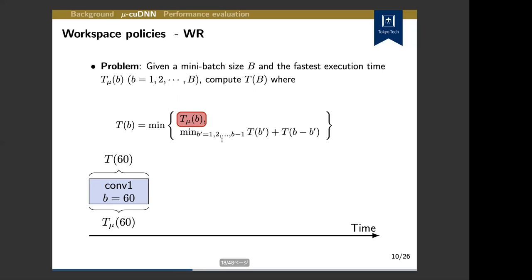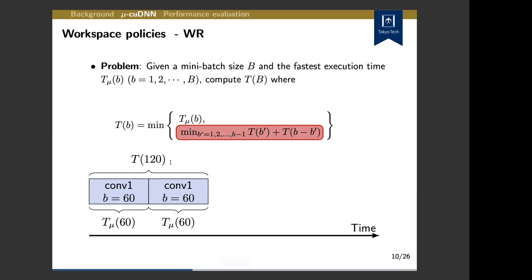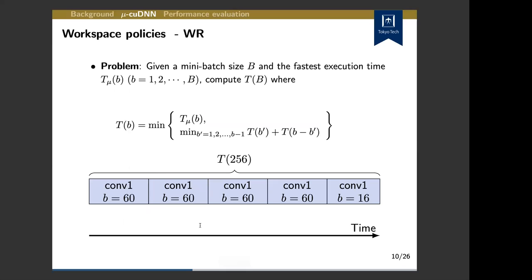So for example, T60 might be T micro 60, which is the computation time of cuDNN to compute a convolutional layer with a batch size of 60. But T120 might be the sum of two cuDNN calls. So by repeating this step, we compute the computation time of the mini batch itself.